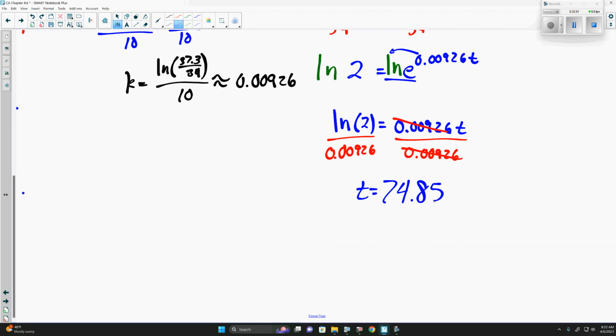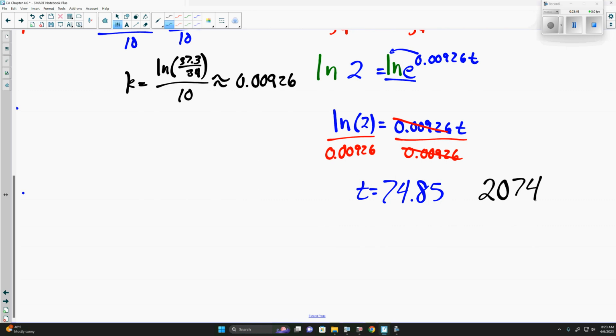And this is years since 2000, yes? So if we add that to it, we'd have 2074.85, yes? Now, if you did put the 0.85 in, it would count it wrong.